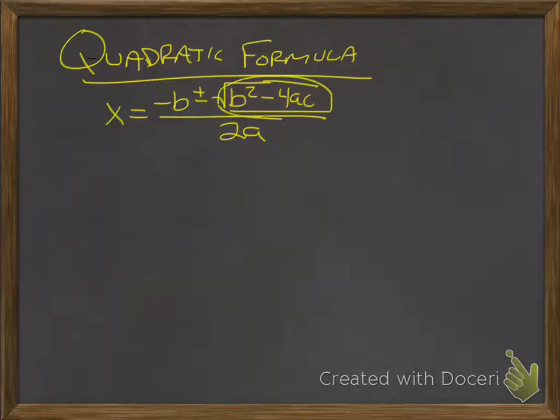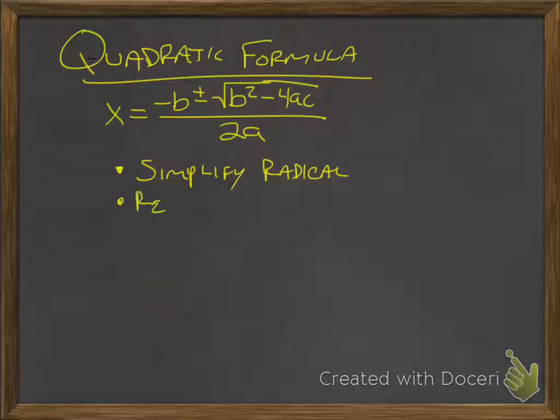Simplify what's inside the radical first. Don't forget to simplify the radical using birthday cake or factor tree. I'm not going to write that part. Use i's if it's a negative inside the radical, and reduce if necessary.